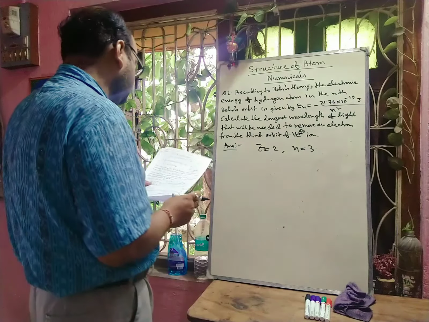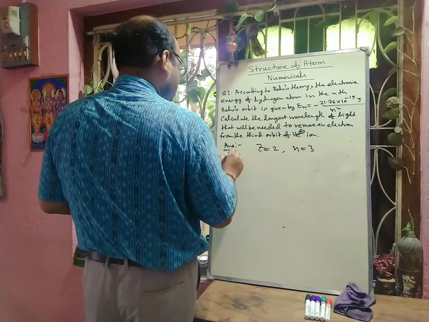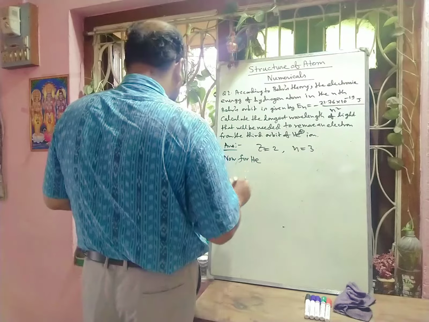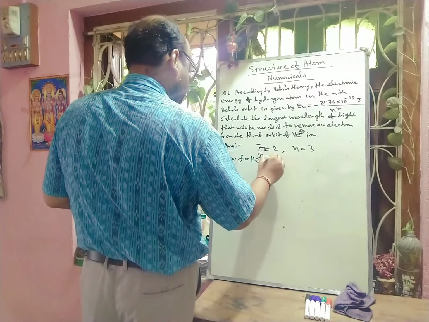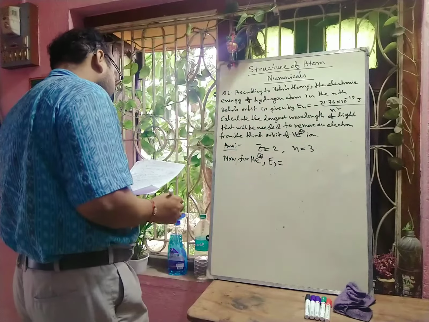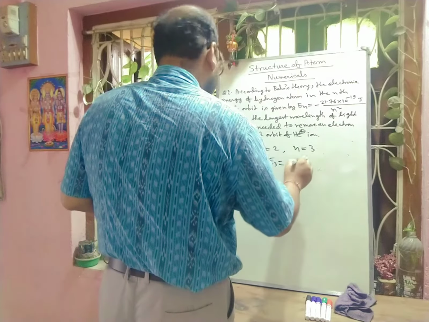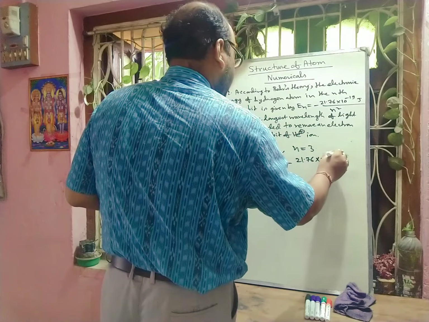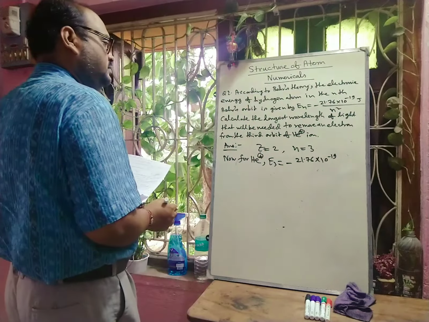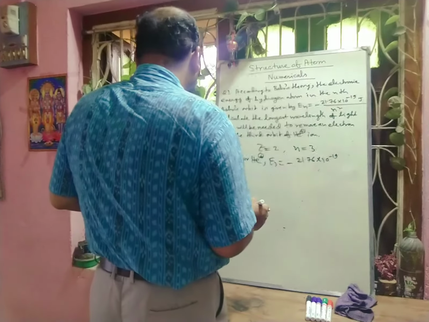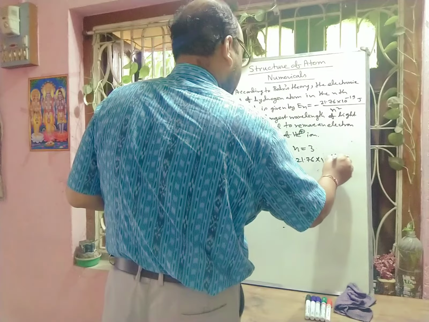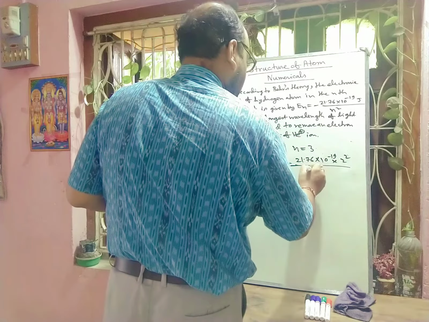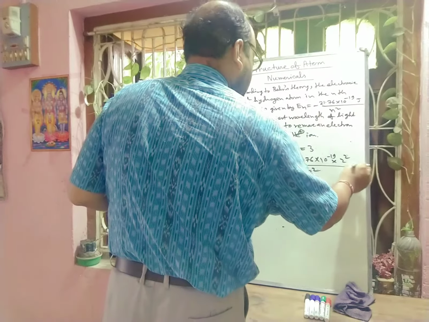Now if we put the value, for He plus the E3 energy will be minus 21.76 into 10 to the power minus 19 into 2 square divided by 3 square joule.